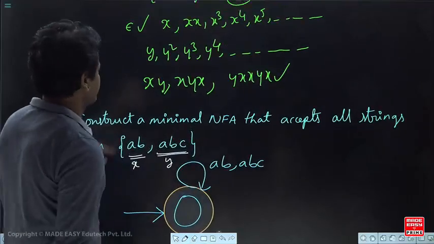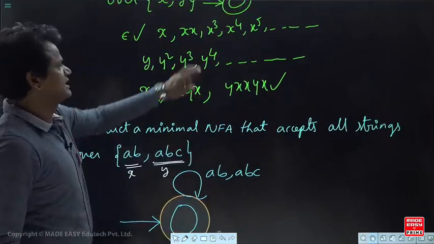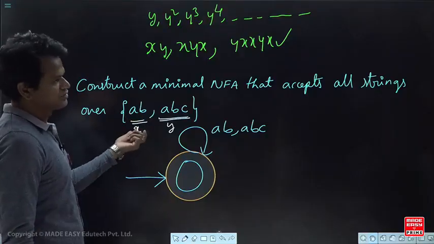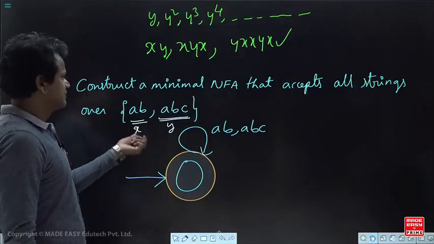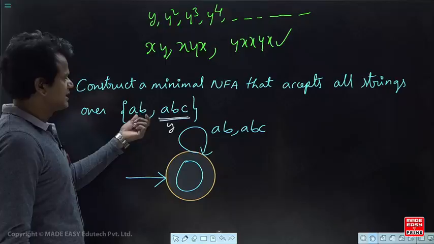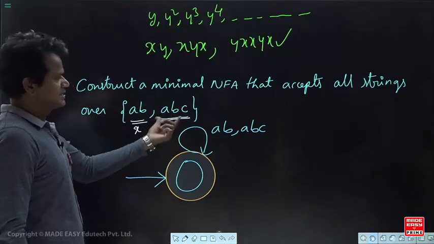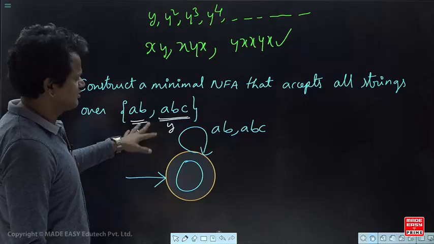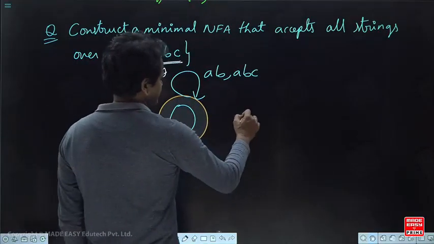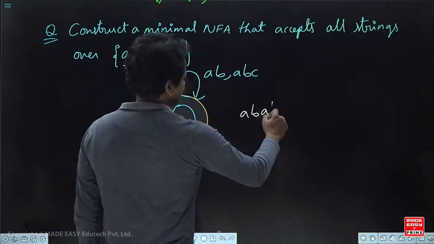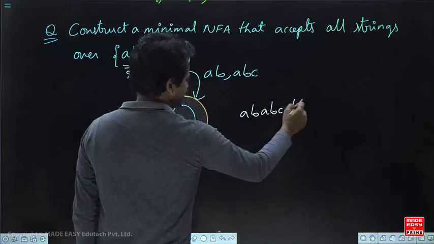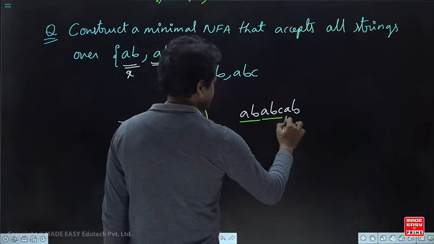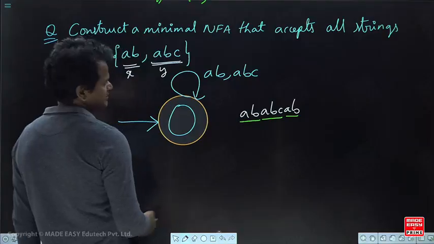The x combinations are epsilon, x square, x cube, meaning AB, AB AB, AB three times, and so on, then ABC, such xy combinations. So if I give this string, is it valid or invalid? Of course it is valid, because it is a proper combination of AB and ABC.